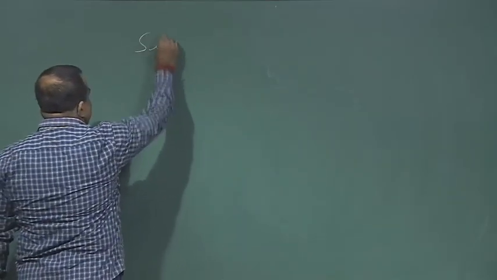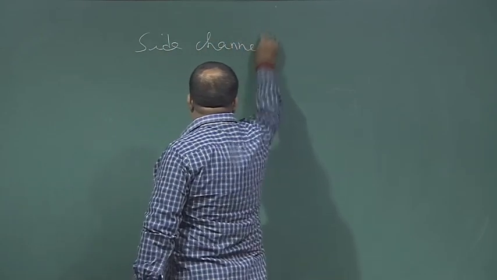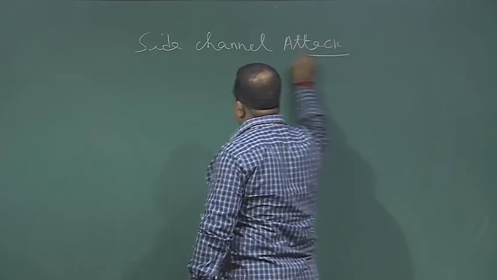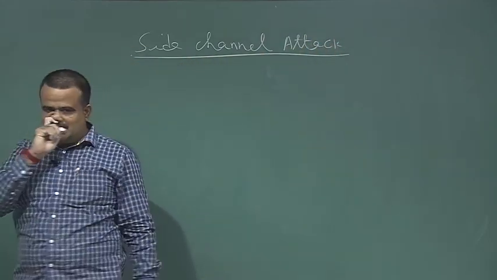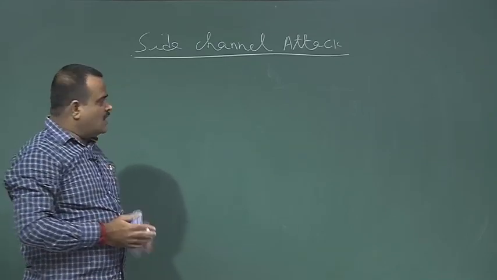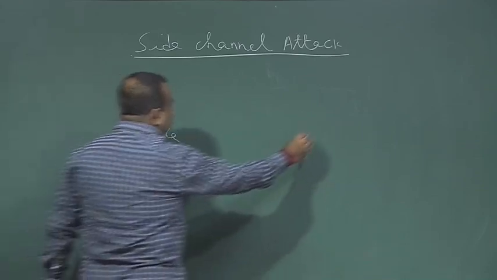So, it is a side channel attack. We will talk about this attack more generally when we discuss cryptanalysis. For the time being, suppose this is Alice and this is Bob.